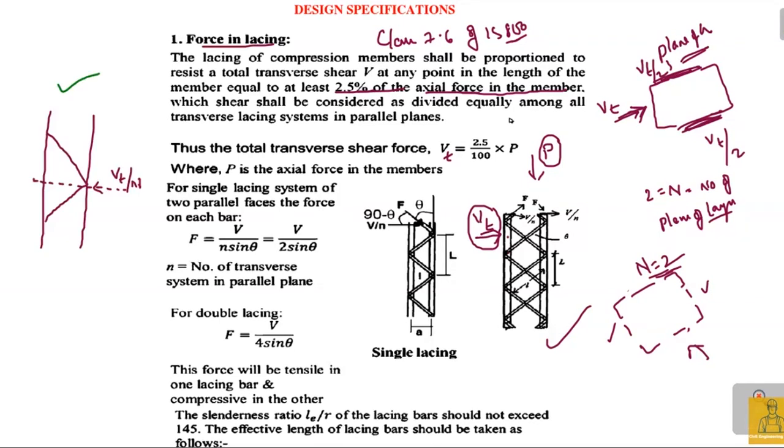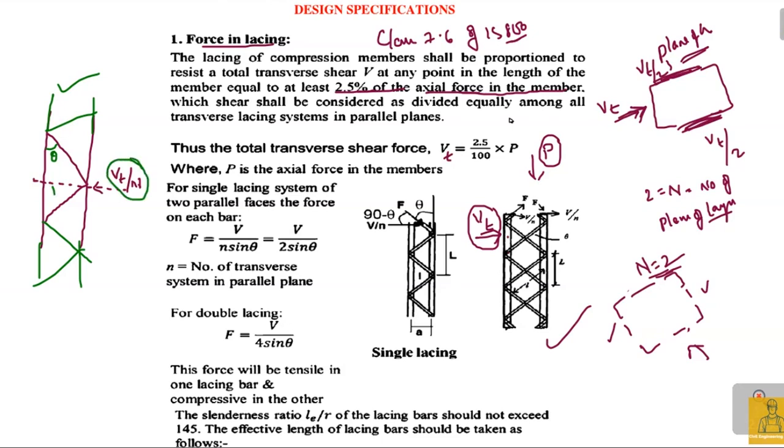Okay, so let us consider this simple figure here. So this is a lacing system, right? And now this is angle theta, that is the angle made by the lacing bar with the vertical. So this is a right angle triangle, right? This is Vt by n.